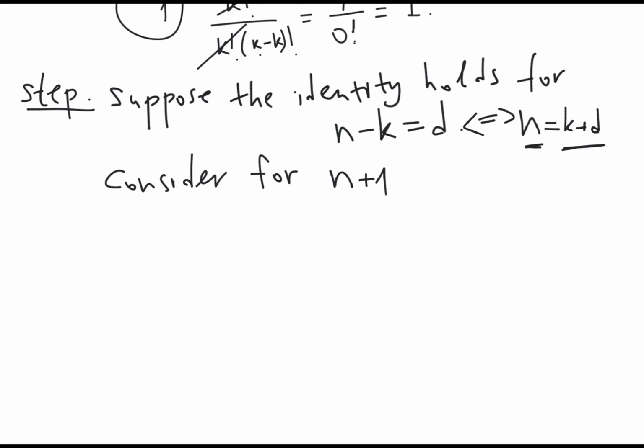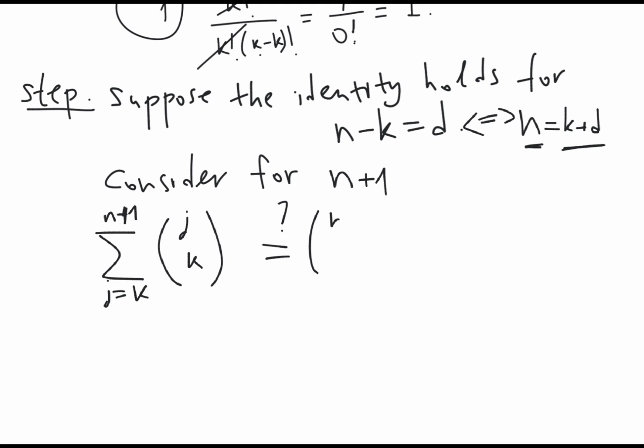So the whole identity now becomes the sum for j from k to n plus 1 of (j choose k), and we need to prove that this is equal to the binomial coefficient (n plus 2 choose k plus 1).